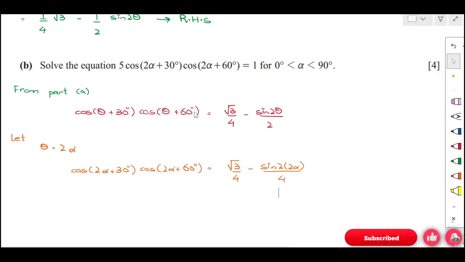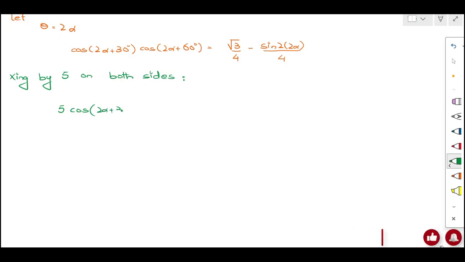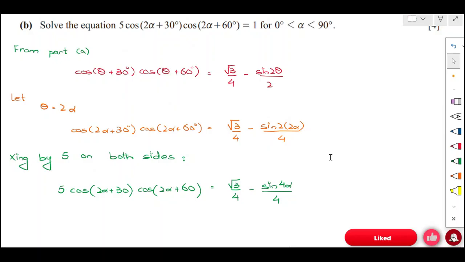Okay. Now we have to multiply both sides by 5 to make this term, right? We can say multiplying by 5 on both sides. 5 times cos(2 alpha plus 30) into cos(2 alpha plus 60) is equal to square root of 3 by 4 minus sine 4 alpha by 4, by 2.